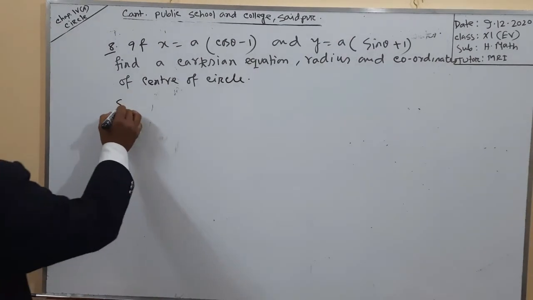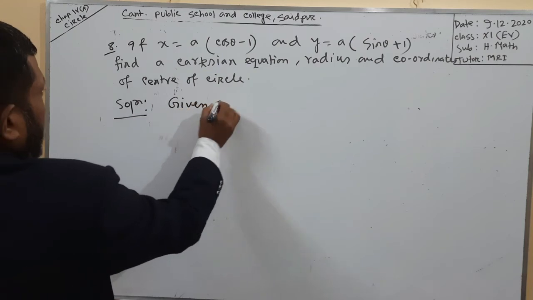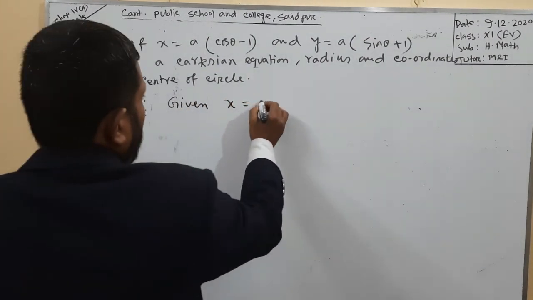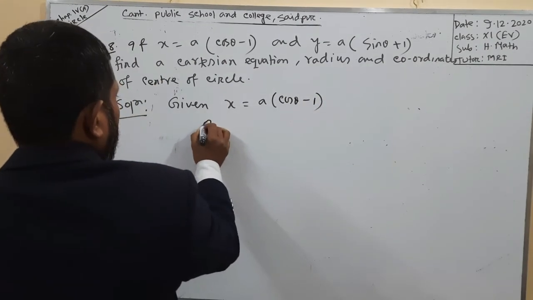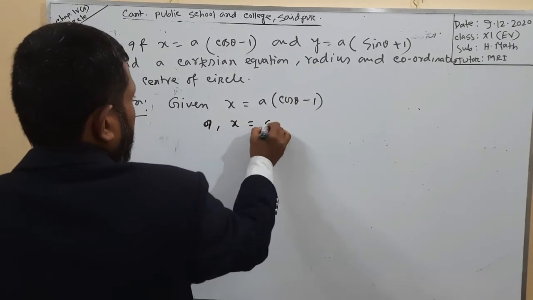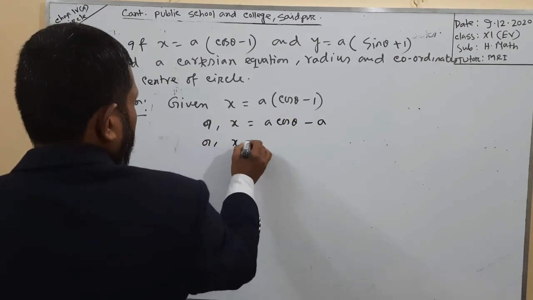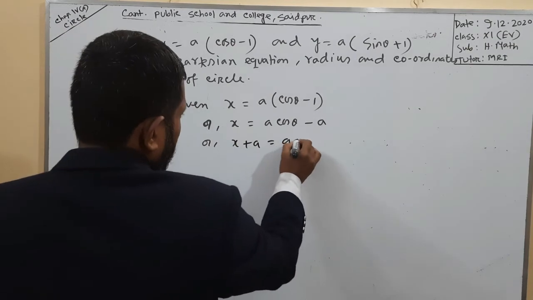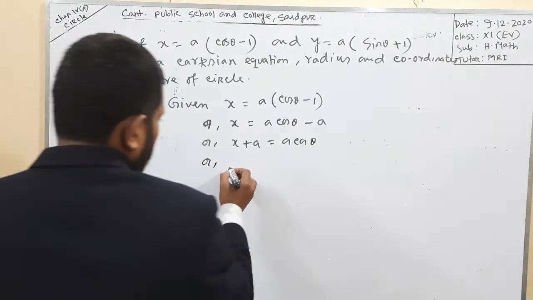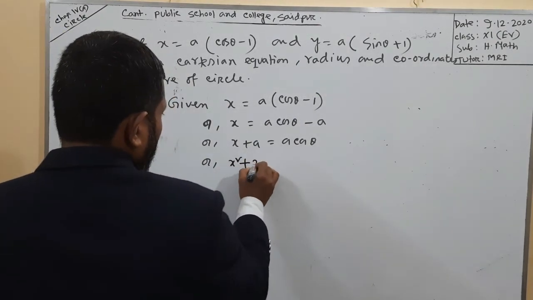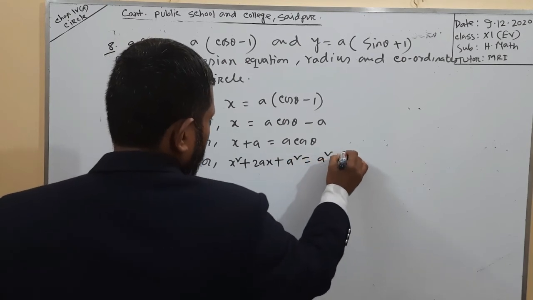Okay, given x is equal to A cos theta minus 1, or x is equal to A cos theta minus A. Therefore x plus A will be A cos theta. If we square on both sides, then we get x square plus twice ax plus a square is equal to a square cos square theta.